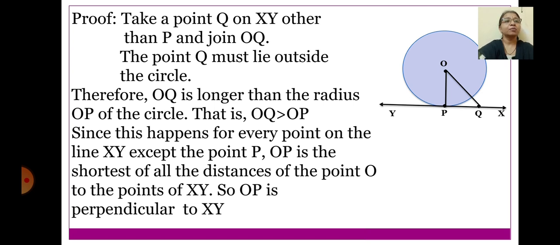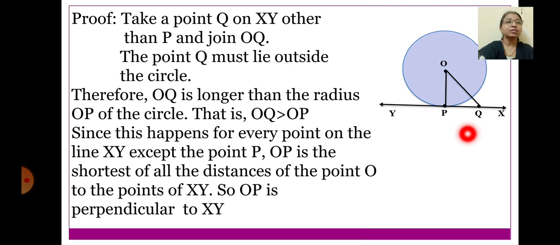So children, tell me, where will this point Q lie? Definitely point Q will lie outside the circle. Why? What is the reason? Because we know the tangent and the circle have only one point in common, and that is point P. Other than this P, if we take any other point on this line XY, it is definitely going to lie outside the circle.